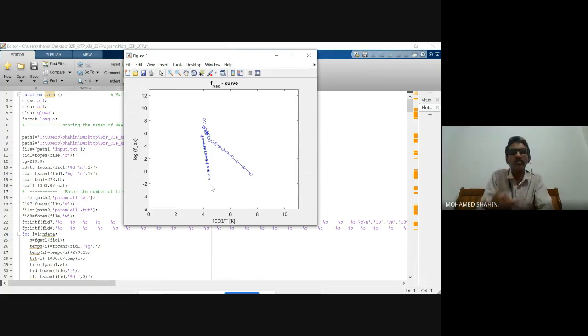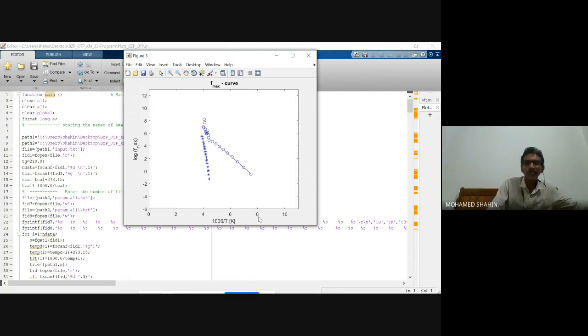So, to have a normalized understanding, what we will be doing is we divide the temperature by Tg, or 1000 by T. If I multiply by Tg by 1000, this 1000 will be gone.